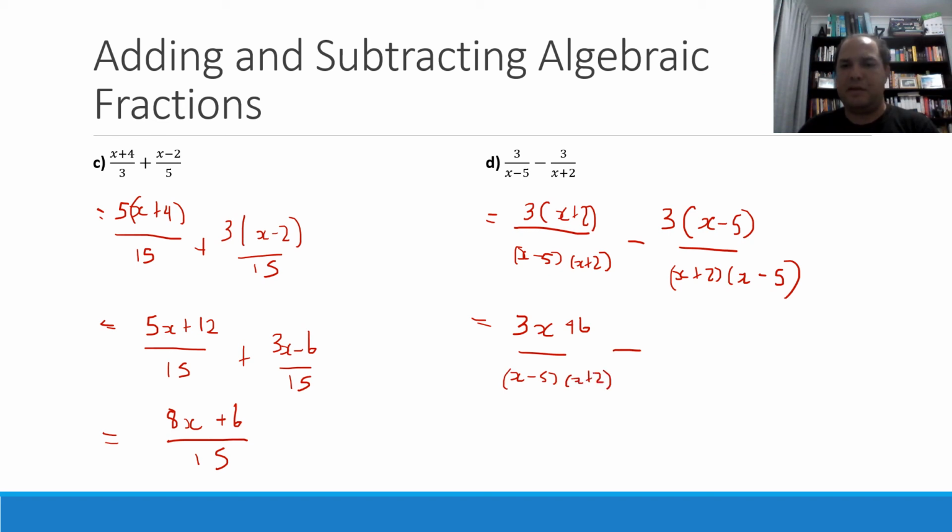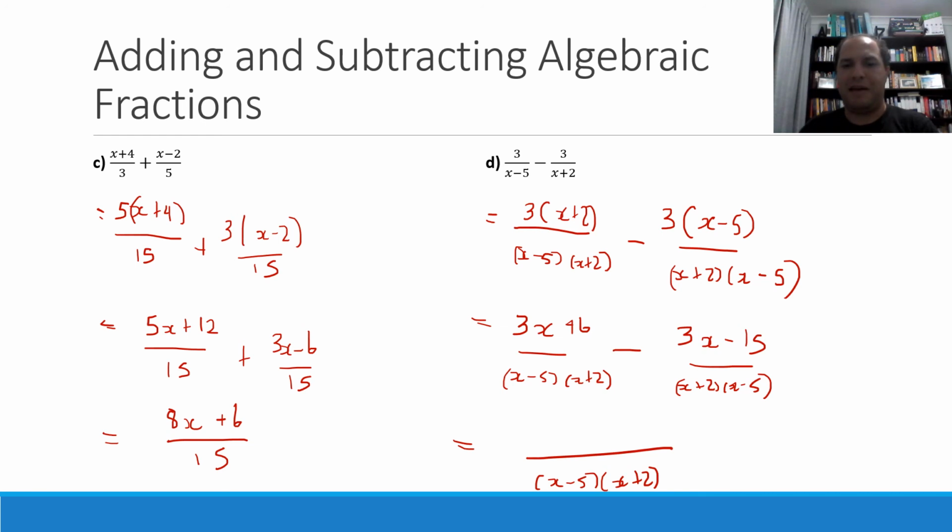And then on this right hand side, we'll have 3x minus 15 over x plus 2, x minus 5.